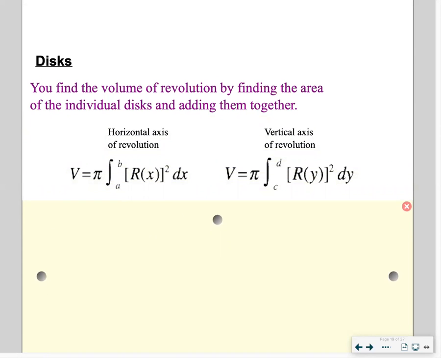Here's kind of the big one. Formulas underneath that. So revolving around the x-axis and revolving around the y-axis. This would be y-axis revolution. This would be x-axis revolution.